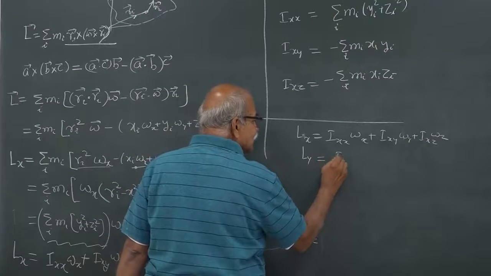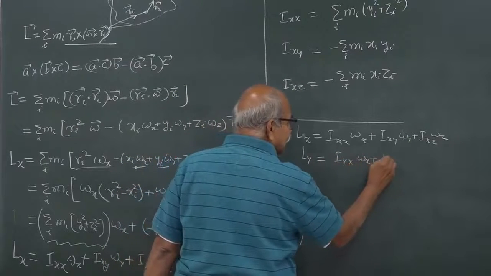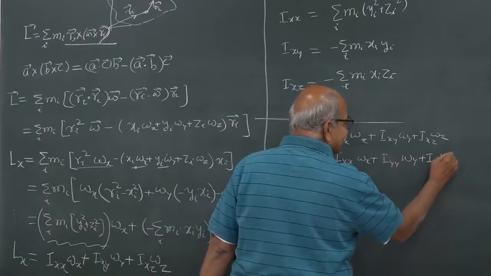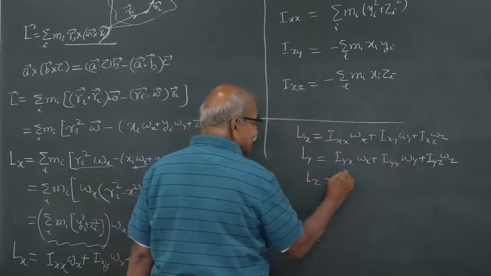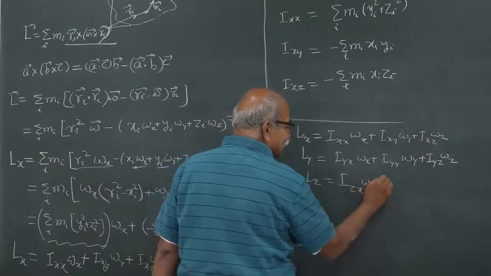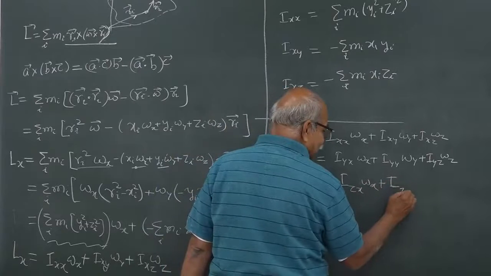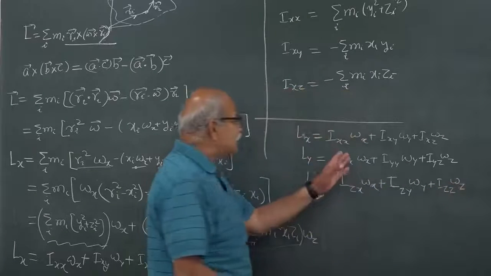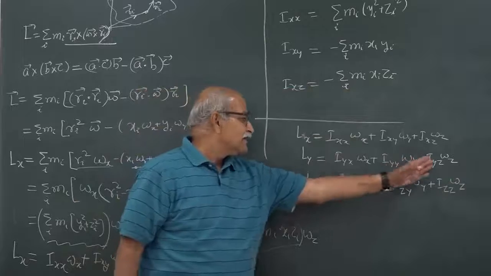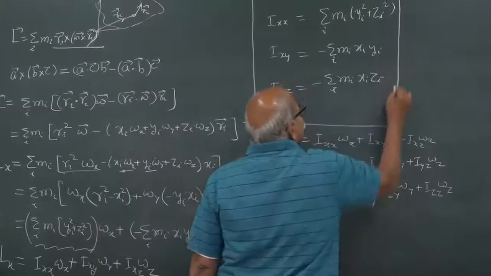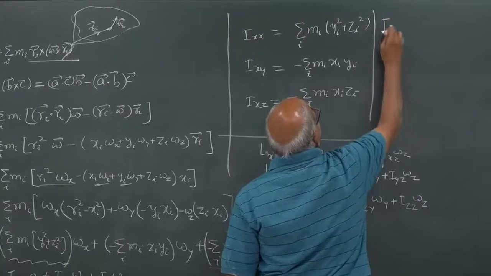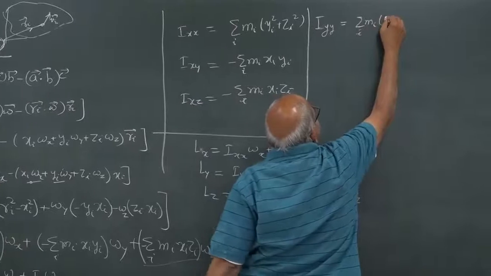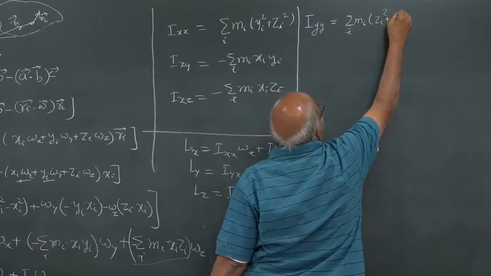Similarly, you will get Ly is equal to Iyx omega x plus Iyy omega y plus Iyz omega z, and Lz you will get Izx omega x plus Izy omega y plus Izz omega z, and the new symbols that I have written, Iyx, Iyy etc. are the following: Iyy will be summation over i of mi times zi square plus xi square.